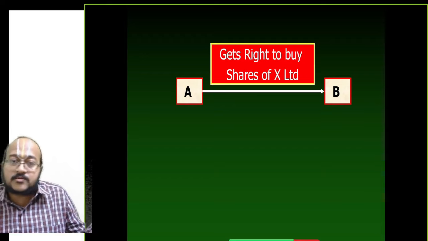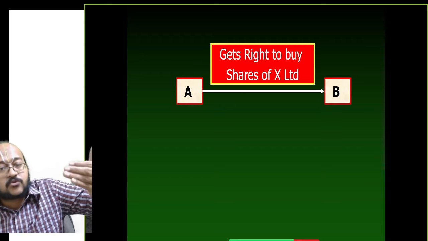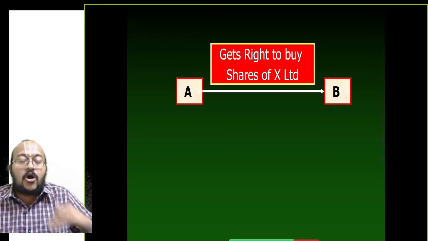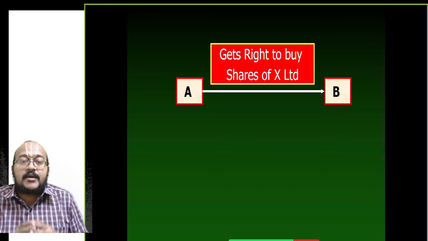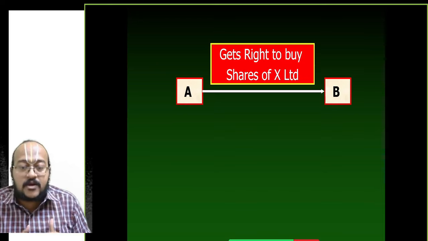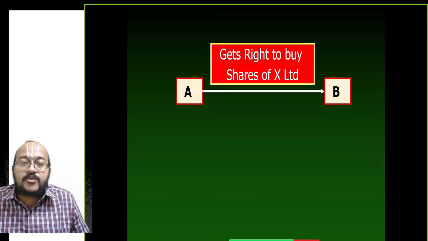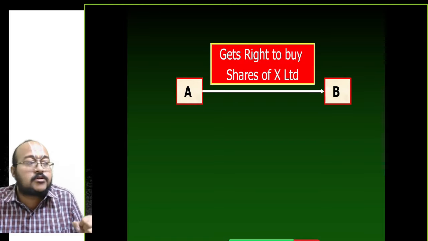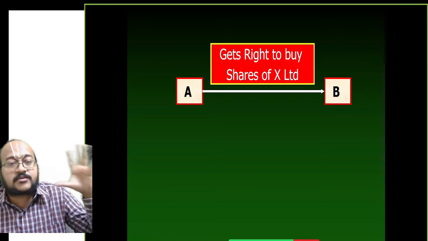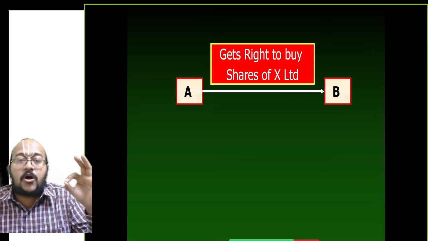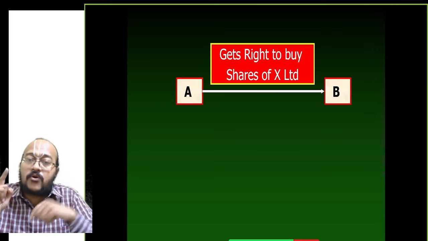Just like futures, where a contract was created based on the underlying asset, here an option contract is created. In the option contract, the only thing is A is getting a right. In a futures contract, both the parties had an obligation to fulfill the contract. Here it is not like that. That is why the name itself suggests it is an option. Option available to whom? For A.